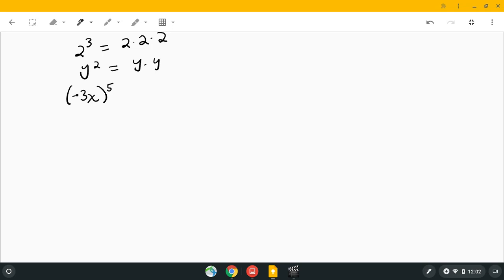So here, since we have the grouping symbols, the parentheses, then it's all of this in here. Negative 3x is the base, so the base gets repeated. So negative 3x gets repeated 5 times. Negative 3x, 1, 2, 3, 4, and 5. Okay, because we have grouping symbols here.